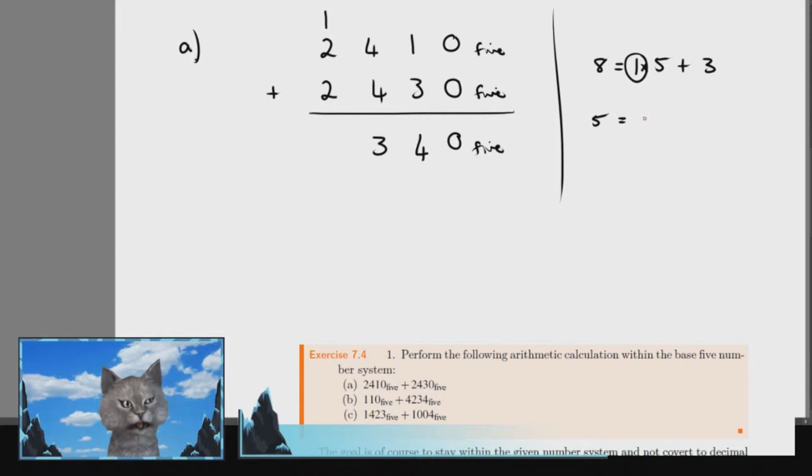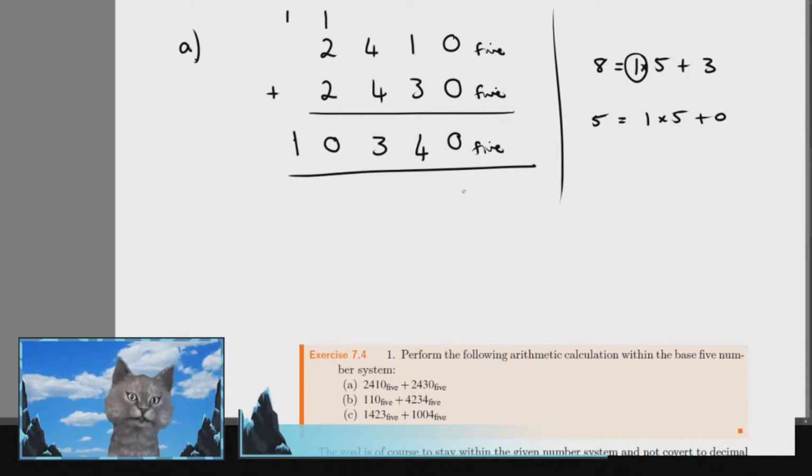I can't write a 5. 5 is one group of 5 plus 0. So the 0 stays, the 1 carries over, but there's nothing else there. So 1, 0, 3, 4, 0. That might have felt a little uncomfortable for you, but with repetition, it will get better.